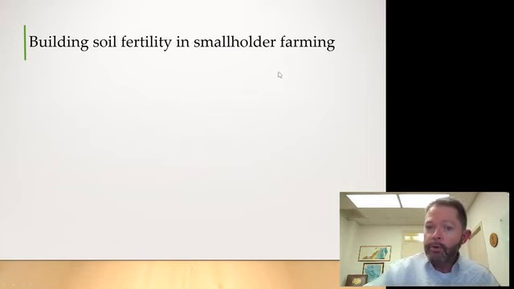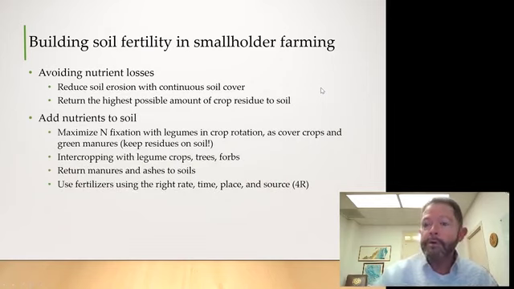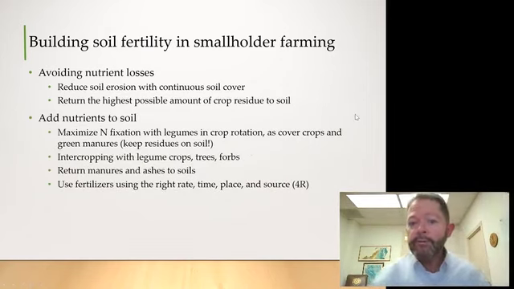First, we try to avoid nutrient losses, reducing soil erosion with continuous soil cover and returning the highest possible amount of crop residue to soil. That's part of conservation agriculture. We add nutrients to soil, maximizing nitrogen fixation with crop rotations, cover crops, green manures, agroforestry, whatever method is possible.